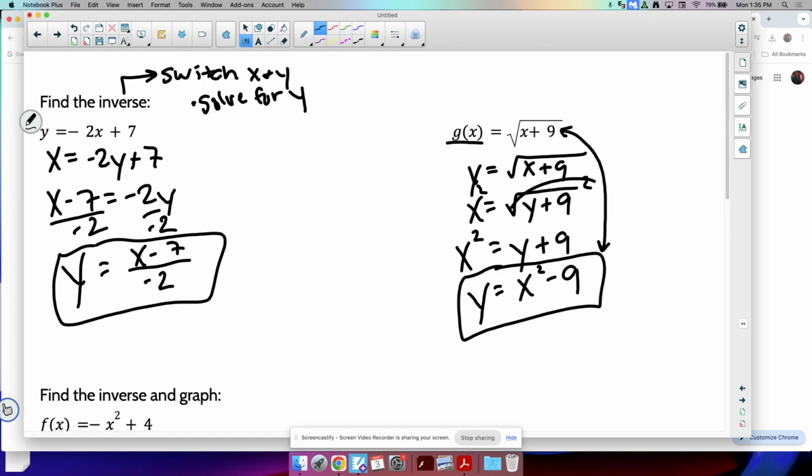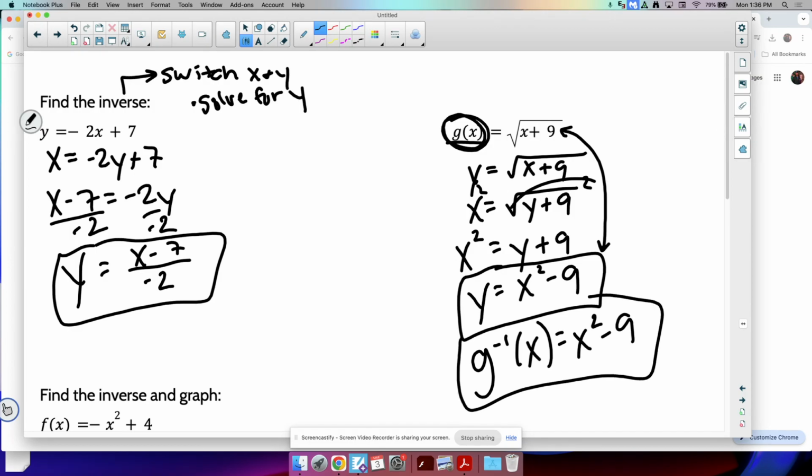If we want to be super perfect with our answer, if this equation is called g of x, instead of calling the inverse y, what could we call it? Not g of x. g to the negative 1 of x. So notationally, I'm fine with either of these.